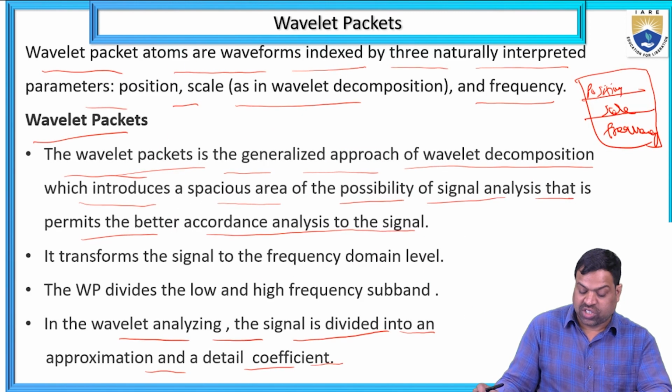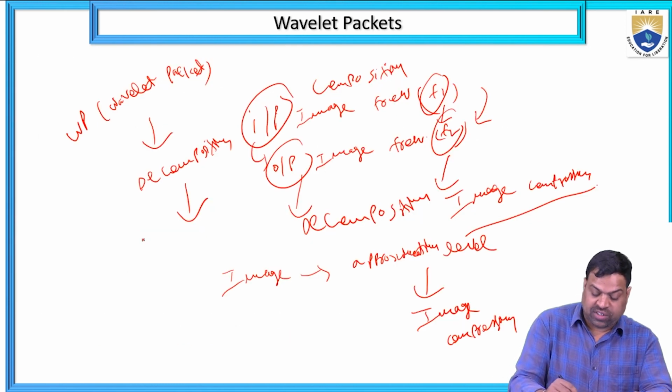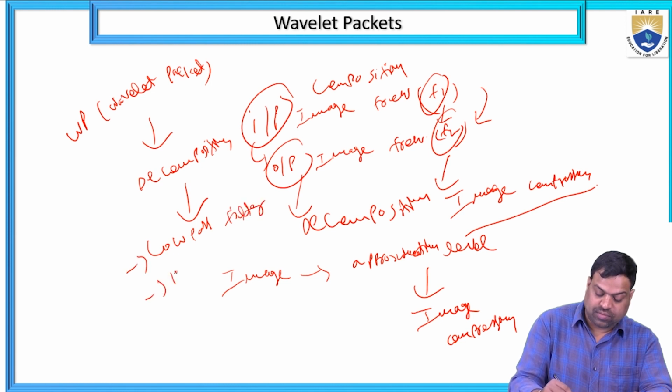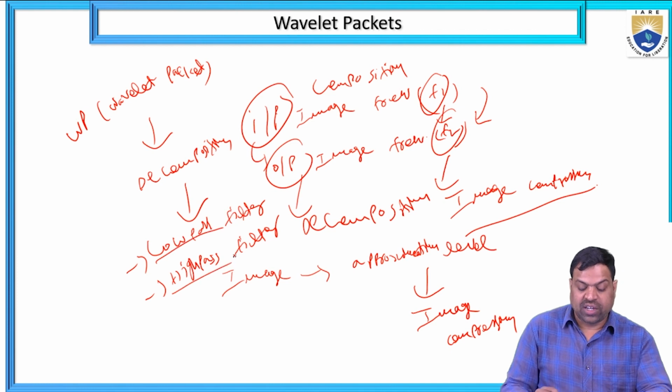and in the decomposition, generally we are taking the possibility of the low pass filter and high pass filter. So definitely we are taking a low pass filter and high pass filter.